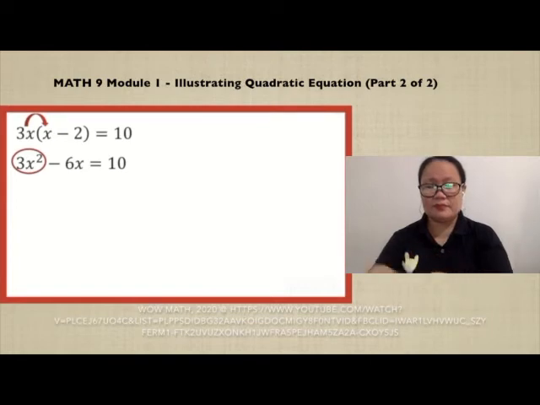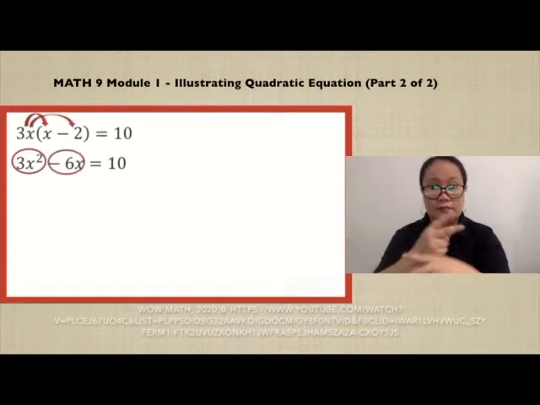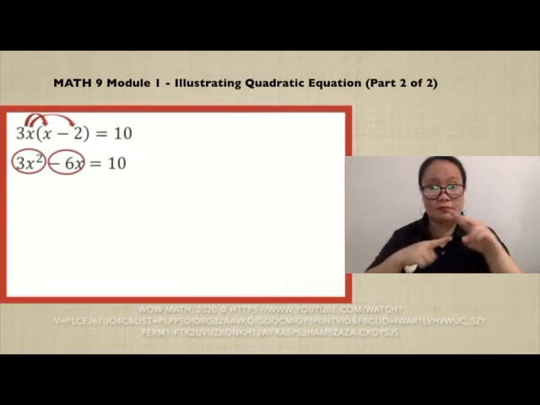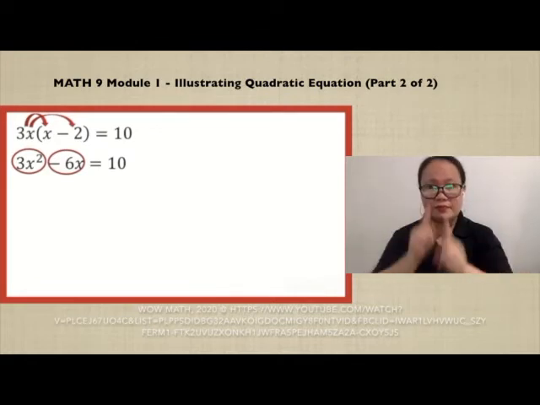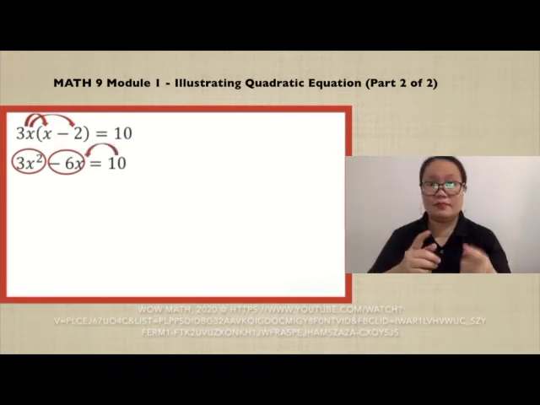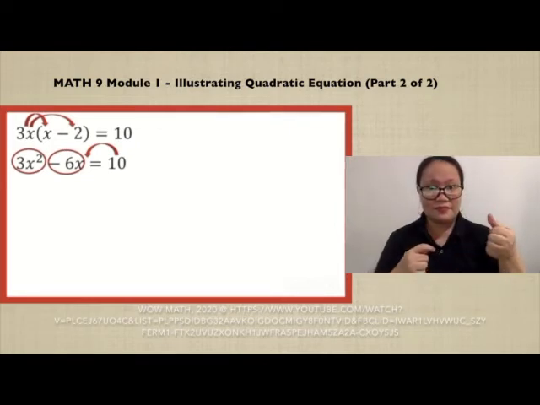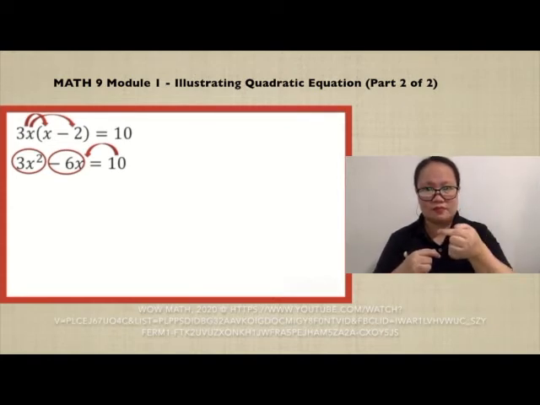Next, saan naman natin nakuha ang minus 6x? 3 times negative 2, that is negative 6. And since we only have x, 1x, so you will just copy x. And then bring down equals 10. Next, ililipat na natin si 10 kasi that is our constant term for us to write the given quadratic equation into standard form.